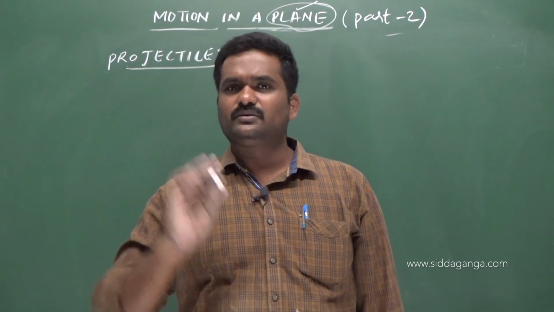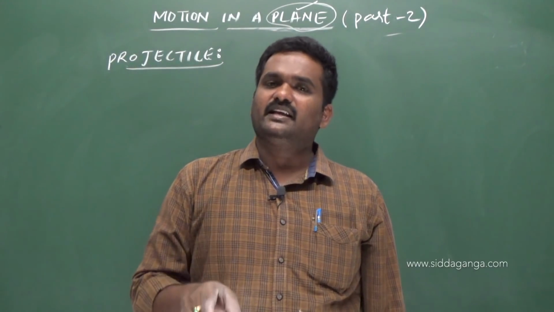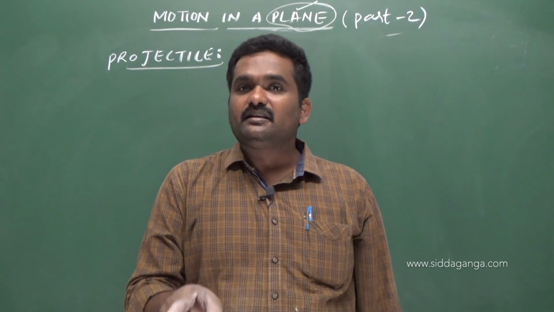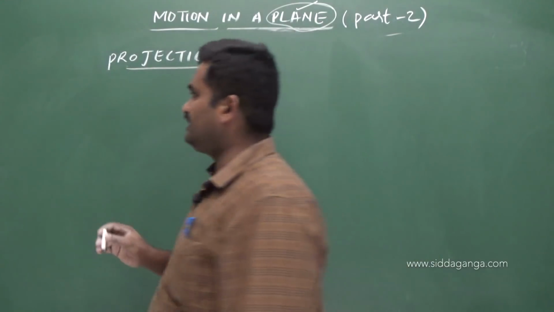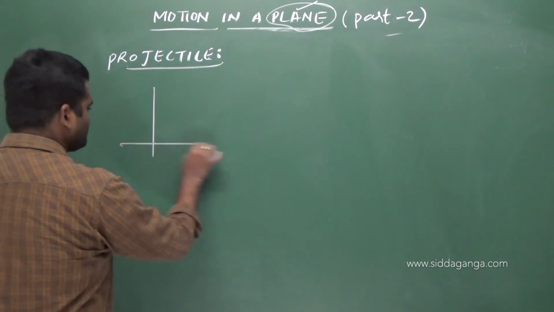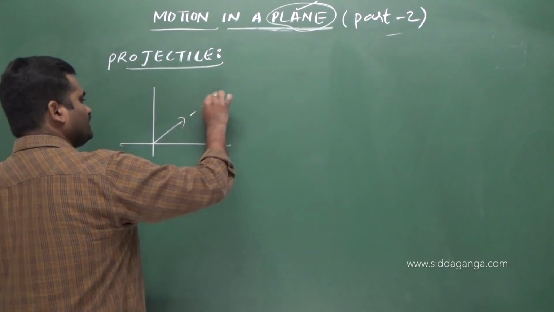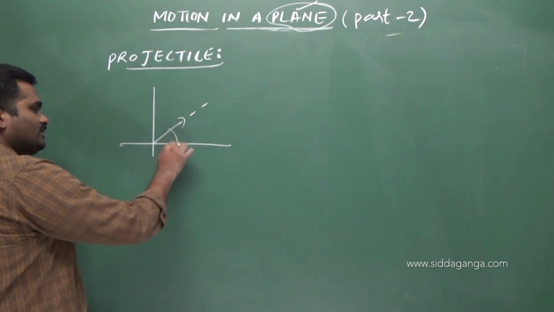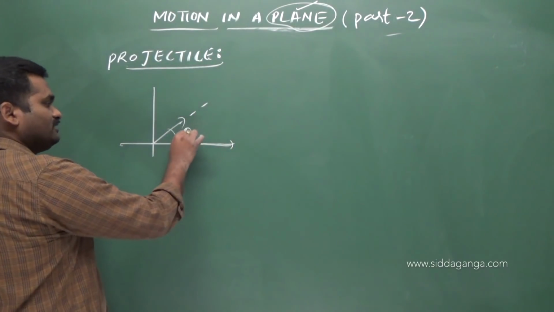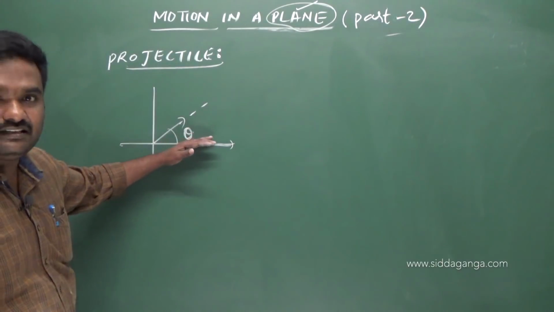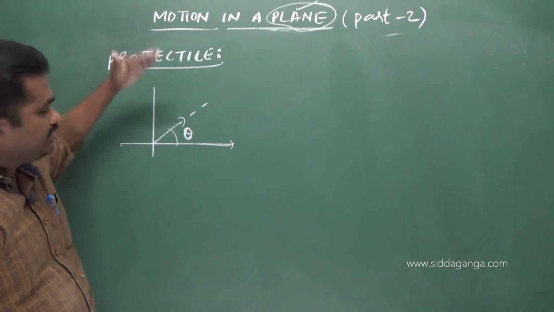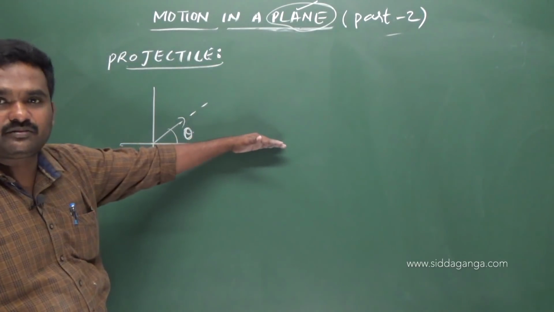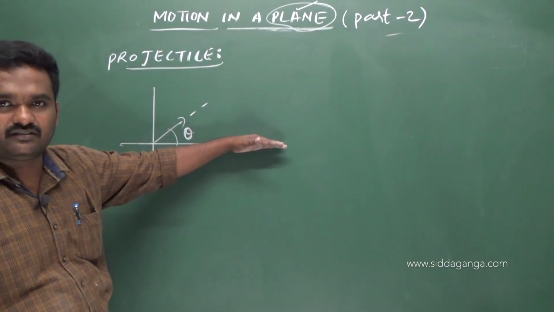Anything which is thrown into the air, making an angle theta other than 0 or 90. What is the meaning? If I have thrown something into the air like this and it makes an angle theta with the horizontal, this theta should be other than 90. If it is 90, then it is a vertically projected body, and we are not bothered about it. If it is 0, then it is a horizontal projectile, which we will study later in our discussion.